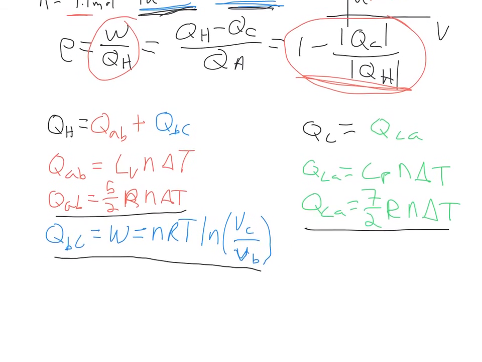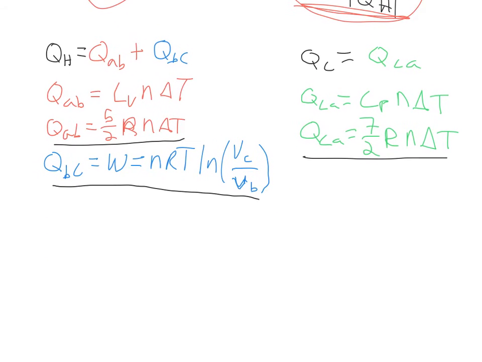So let's think about what we have going on here. We don't know the volumes, all we know is the temperature and a number of moles. Alright, so let's consider our volume. So volume, using PV equals nRT, right?